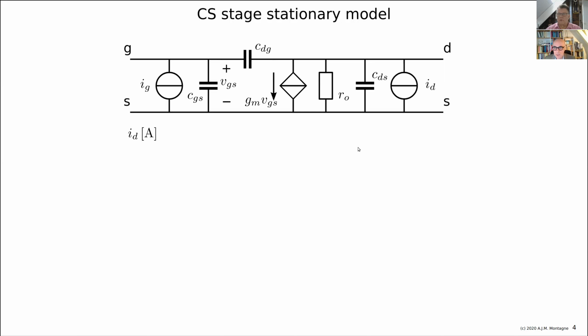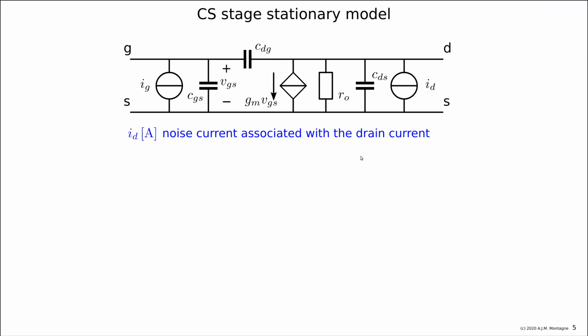I guess you had this before at some other lectures of device physics. So what you see is a small signal model of the FET in some operating point, and added two noise sources, ID and IG. ID is the noise current associated with the drain current.